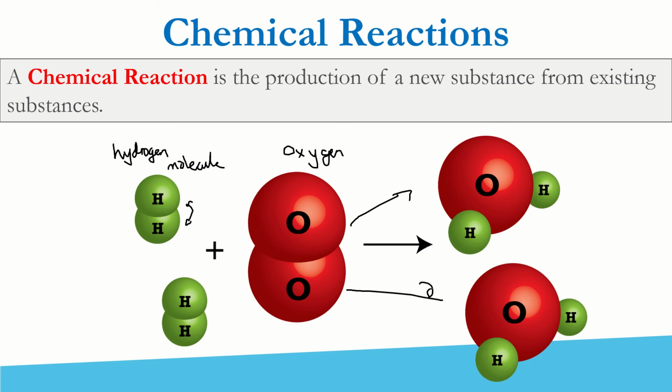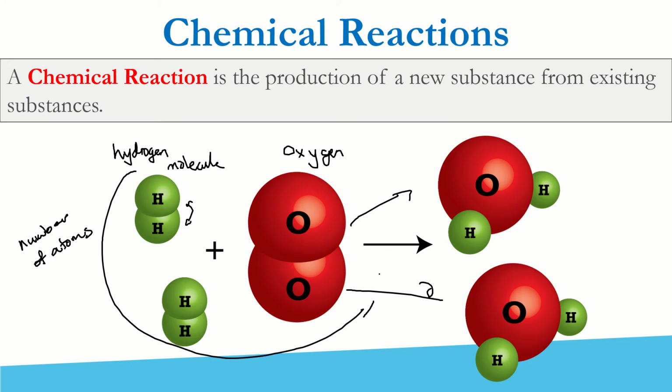Another thing you might actually see is the number of atoms on this side is equal to the number of atoms on this side. So on my right hand side, I have 2 oxygens and 4 hydrogens. On the left hand side, I also have 4 hydrogens and 2 oxygens.